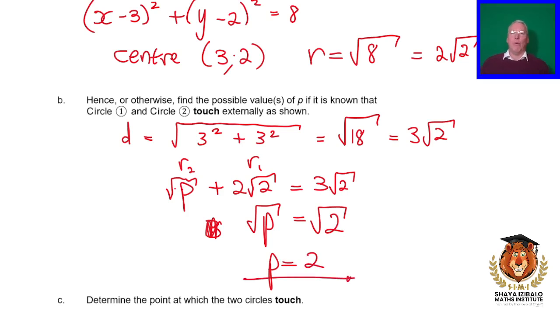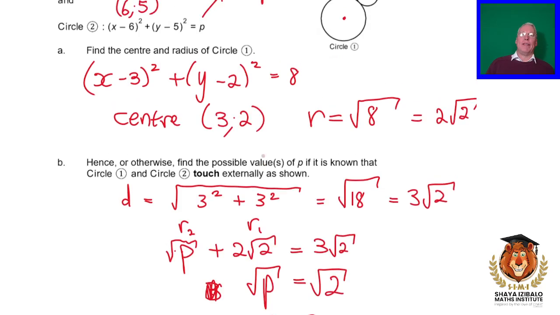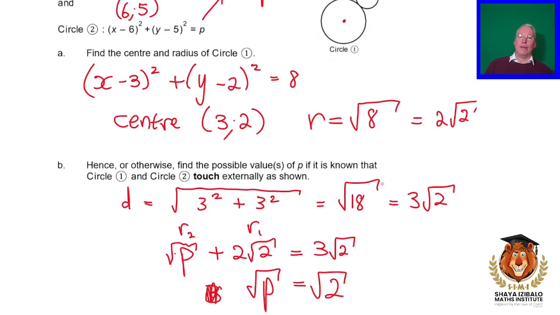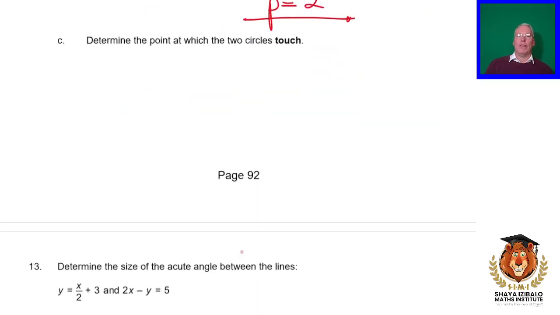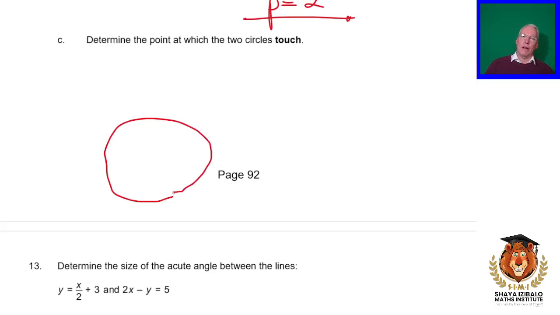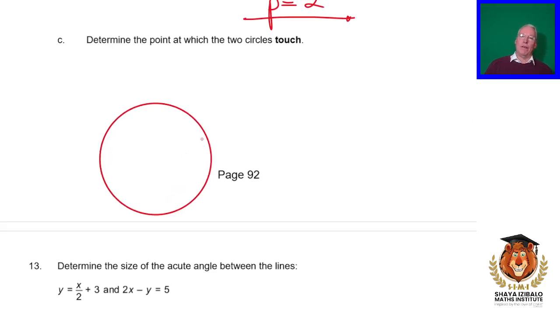What we have noticed is that this radius here is twice as big as this radius. So we now want to find the point at which the two circles touch. If we just draw another picture here, we've got our one circle here, and we've got our other circle here.